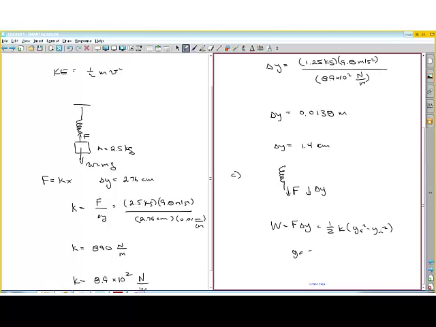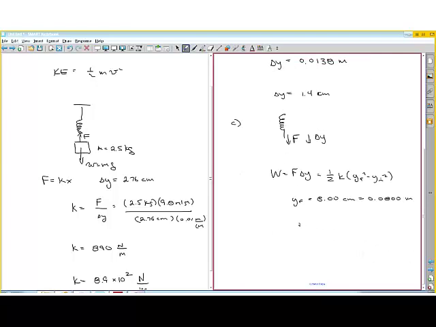And so y final is equal to 8 centimeters. We got 3 significant figures there. So if we divide by 100, you get 0.0800 meters. And y initial is equal to 0 meters, exactly.